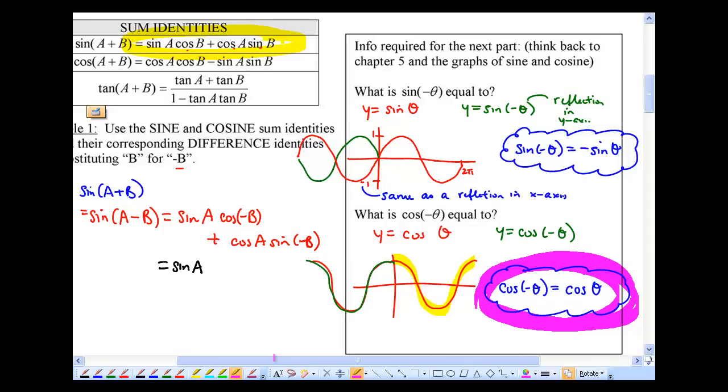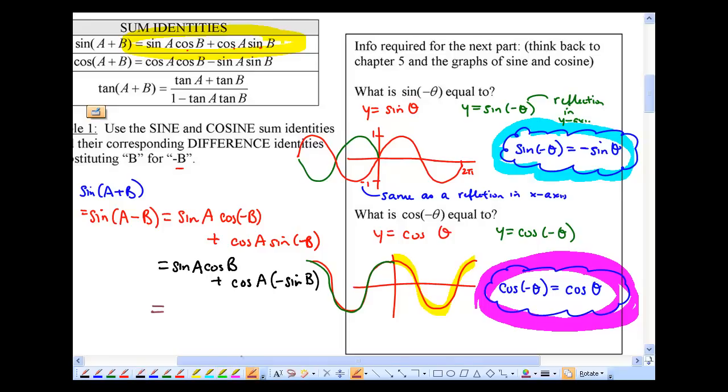So cosine of negative B must just equal cosine of B. And then we have plus cos A and sine negative B, looking over here, and I'll highlight that in blue, seems to be equal to negative sine theta, so I'll put in negative sine of B. A positive times a negative, of course, just means it's a negative.